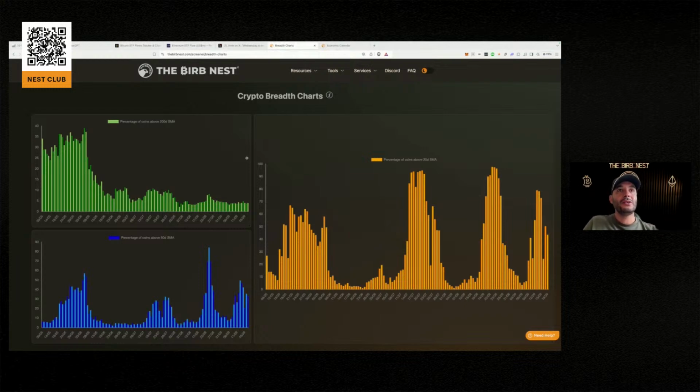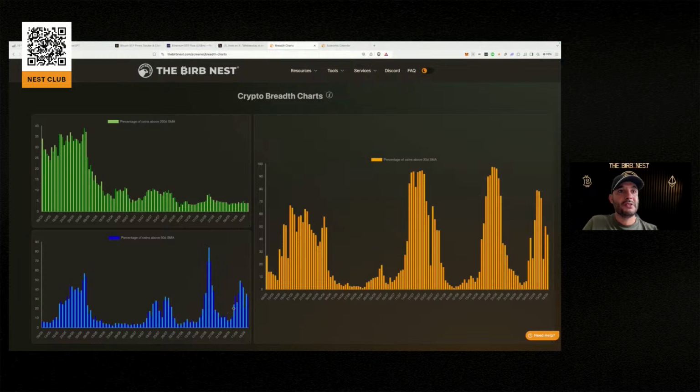Why is this so beneficial information? Well, it tells us here that almost 4% is trading above their 200 MA. 4%, meaning 96% is trading below their 200 MA. And then we have the 50 MA.